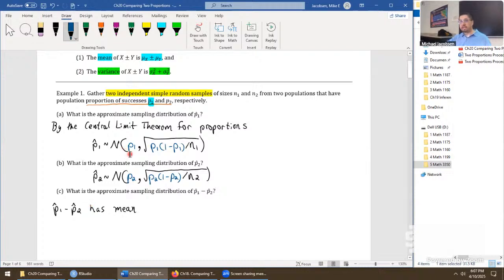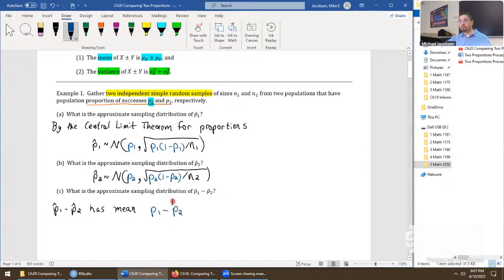We take the first mean, mu1, that's going to be the first part of this theorem, referred to as mu x. Then we're subtracting here, so we keep the same sign as above. We go minus. Take the second mean. It says mu y, but it's just referring to the second distribution down below. So subtract and get P2.